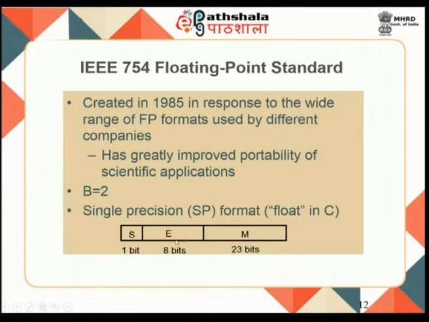The exponent, as I indicated earlier, you go in for the biased exponent representation, and the remaining 23 bits out of 32 bits are used for representing the mantissa, and the mantissa is again represented in the normalized form. That is, the mantissa is brought to the form of 1 point something, that 1 is implied, and the numbers that appear to the right of the binary point alone are given here.